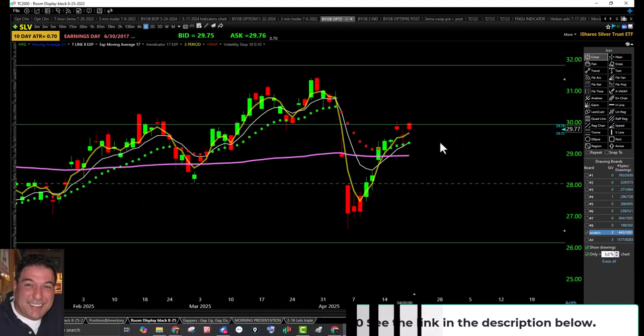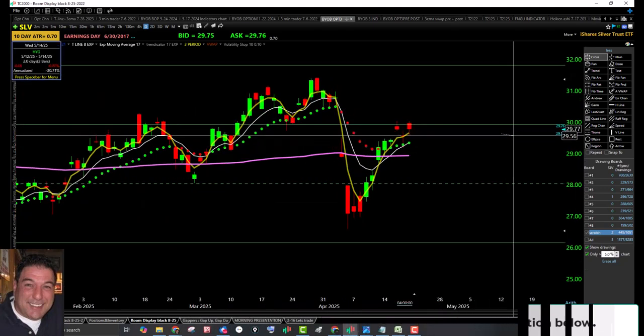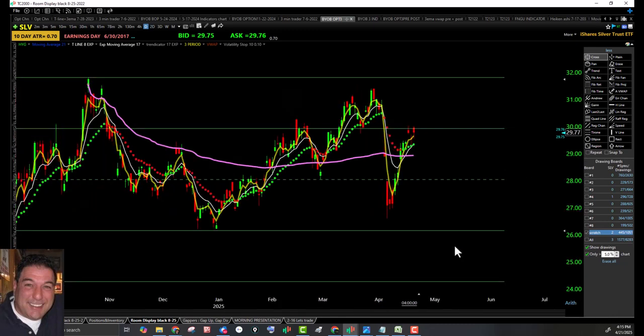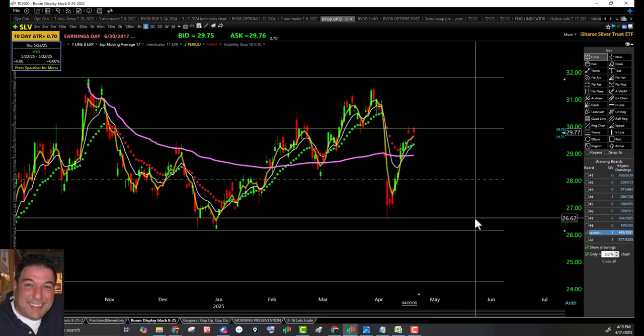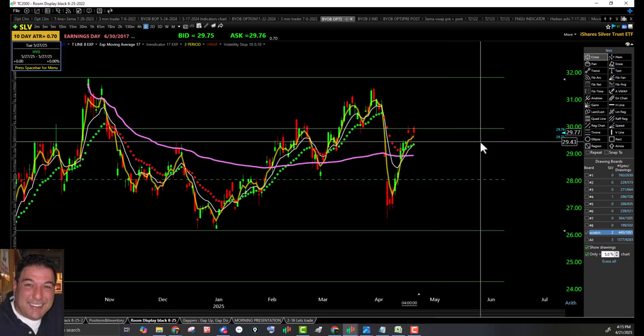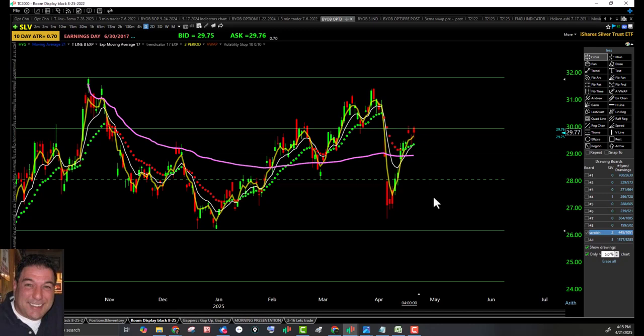So price action closing in the upper third of the quad lines. Quadrant 1, Quadrant 2, Quadrant 3, Quadrant 4. Okay, so that's bullish up there in the upper third. Lower third bearish, upper third bullish, middle ground neutral. All right, so there's silver.